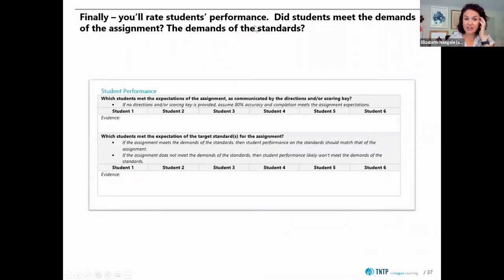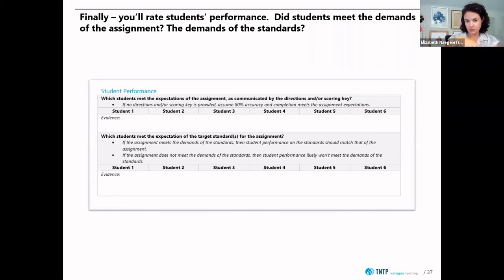There is also a section at the end about whether students met the demands of the standards. If you're using this tool as a collection tool in your school building, where you're collecting a bunch of assignments at once, you might also collect finished work. You can rate it as to whether or not students met the demand of the assignment, to then be able to say, this percentage of our assignments were grade appropriate and this percentage of our students are being successful on these assignments and meeting the demands of the standards.